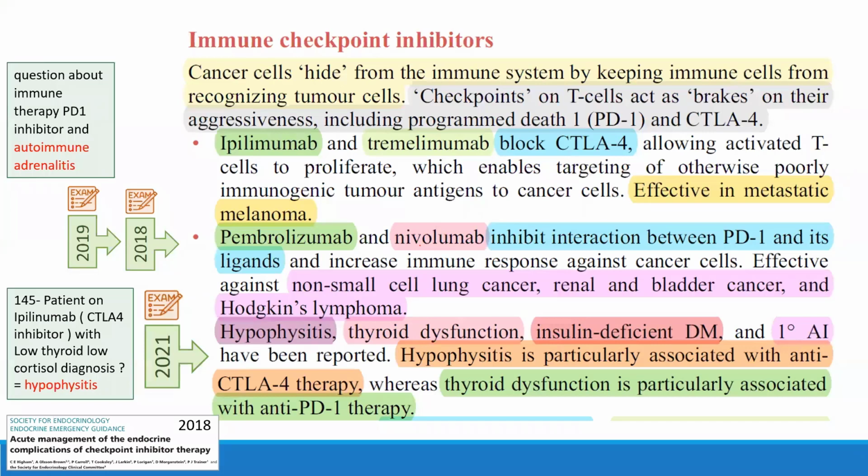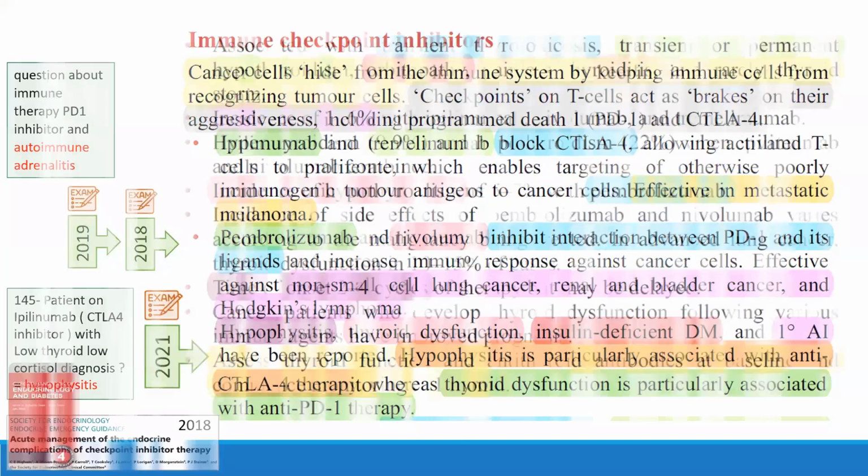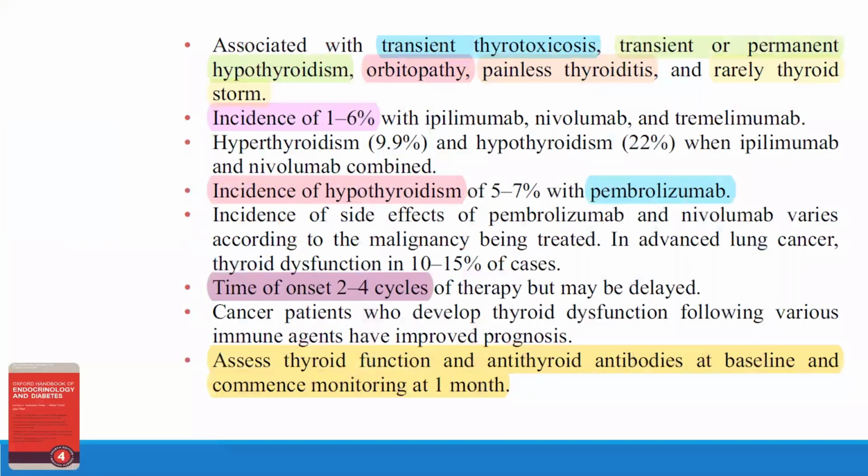And in the previous year, they asked a question about ipilimumab, which blocks CTLA4 and can cause hypophysitis. They gave a case scenario and mentioned some options like adrenal insufficiency, hypophysitis, thyroid dysfunction, and you will need to choose which one. And I will summarize this in the next slide.